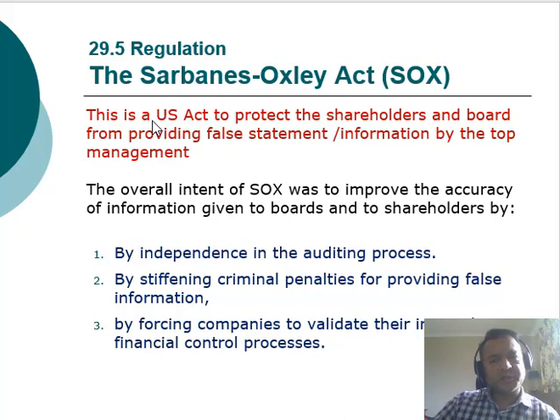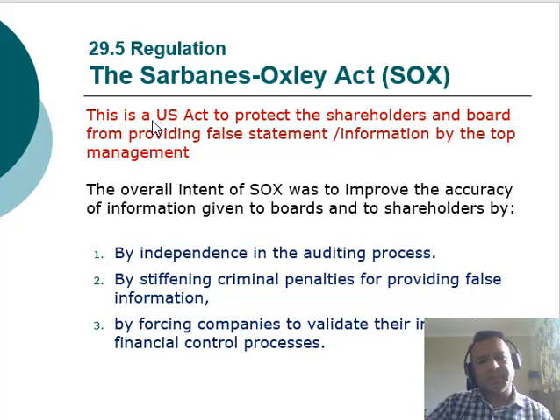So what are the regulations for managing the agency conflict? There are two major regulations that we're going to discuss in our lecture today. Number one is the Sarbanes-Oxley Act, or SOX, and we'll also talk about the Cadbury Commission.